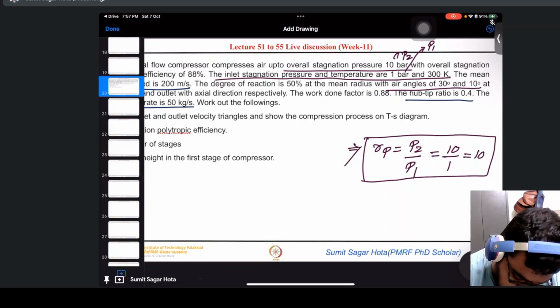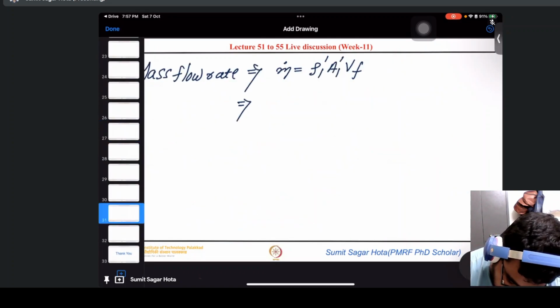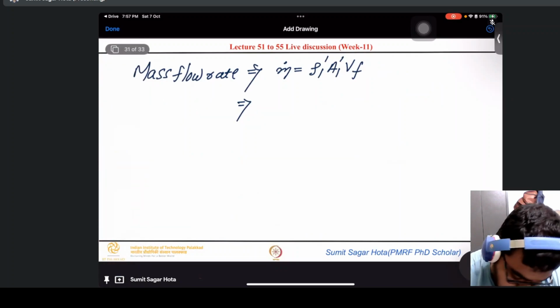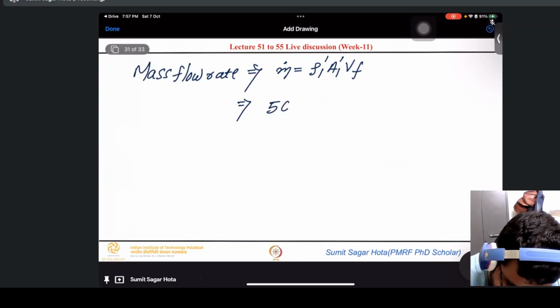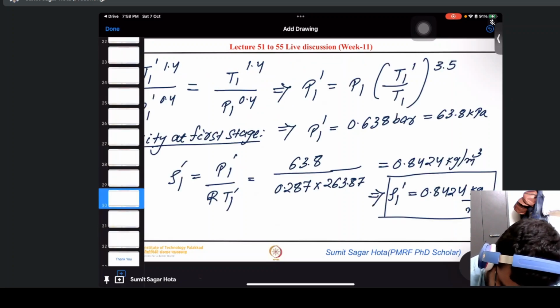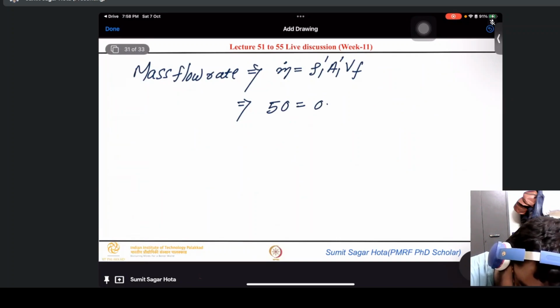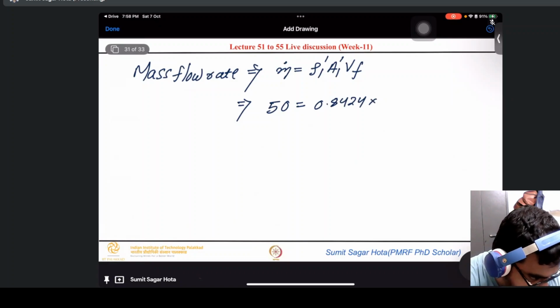What is hub tip ratio? I will tell you. Then what is density? 0.8424. What is A1 dash?